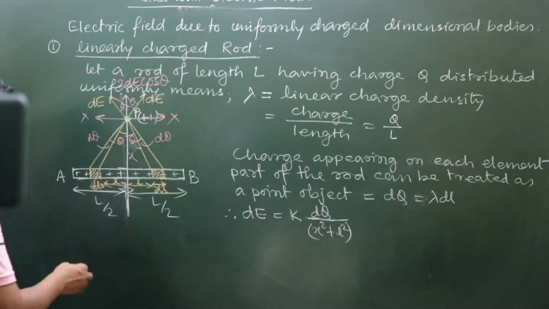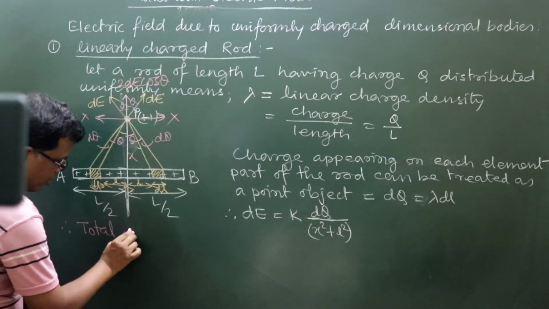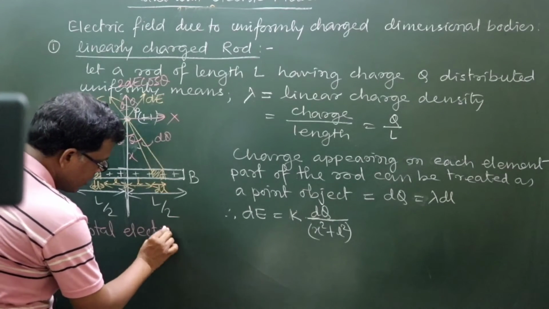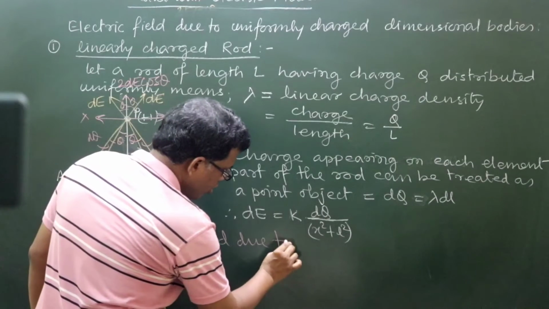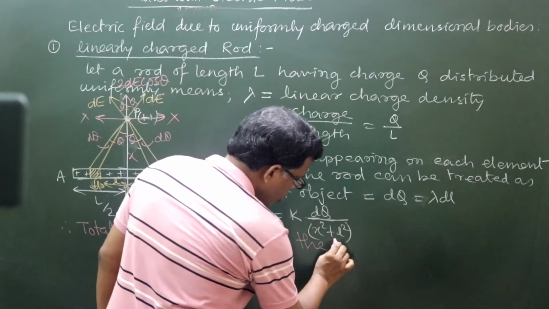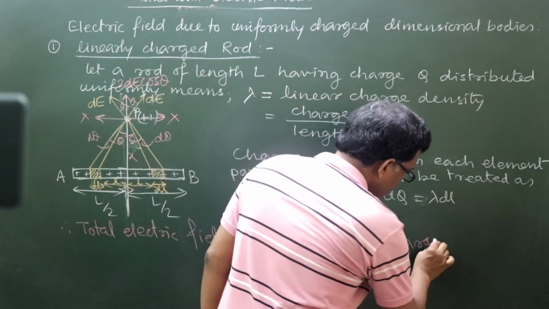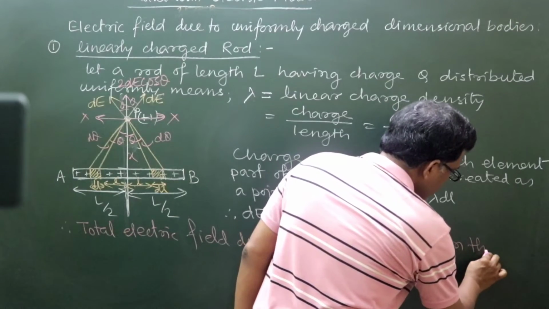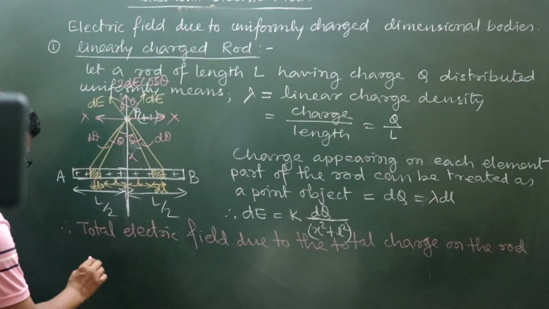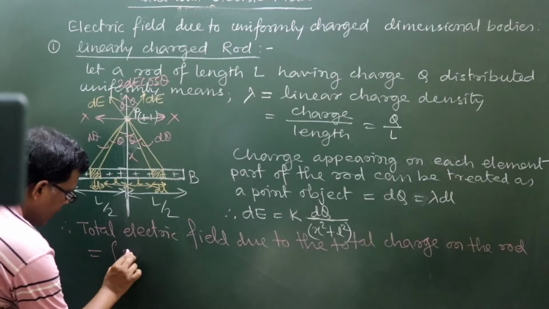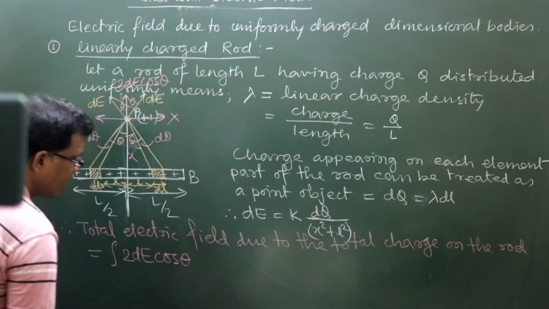So hence we can write down the total electric field due to the total charge on the rod. That can be obtained by integrating the general expression appearing for one pair, that is 2dE cos theta.